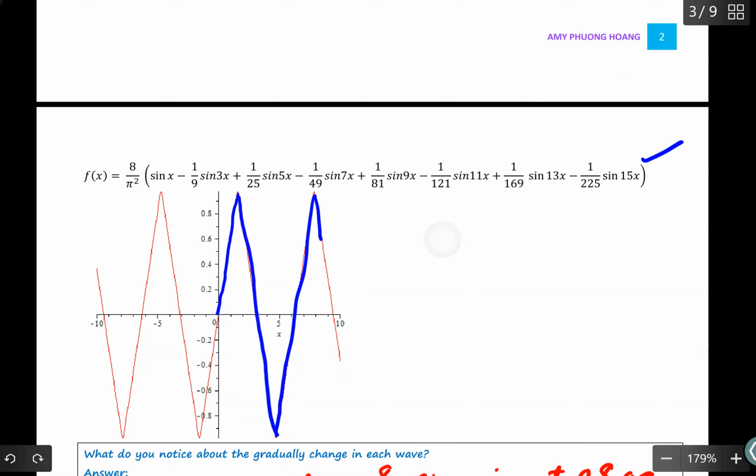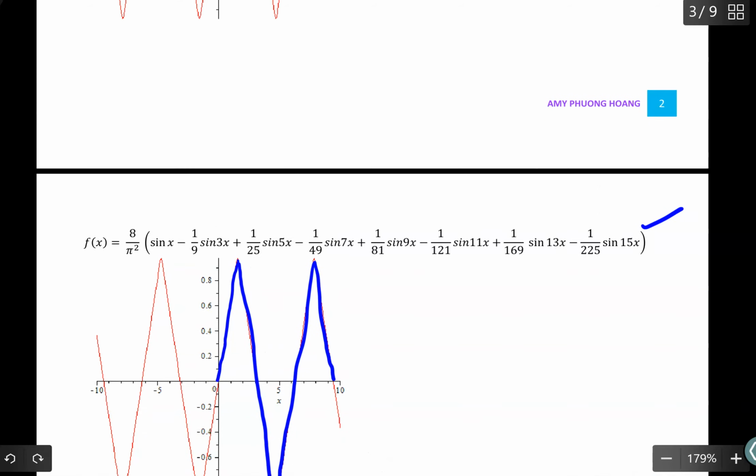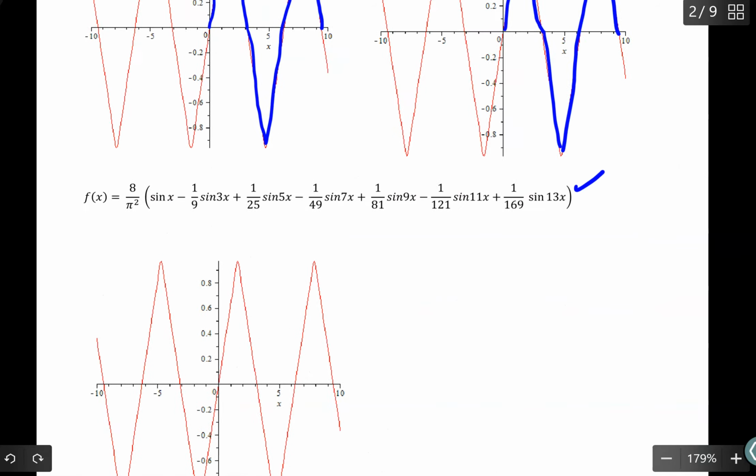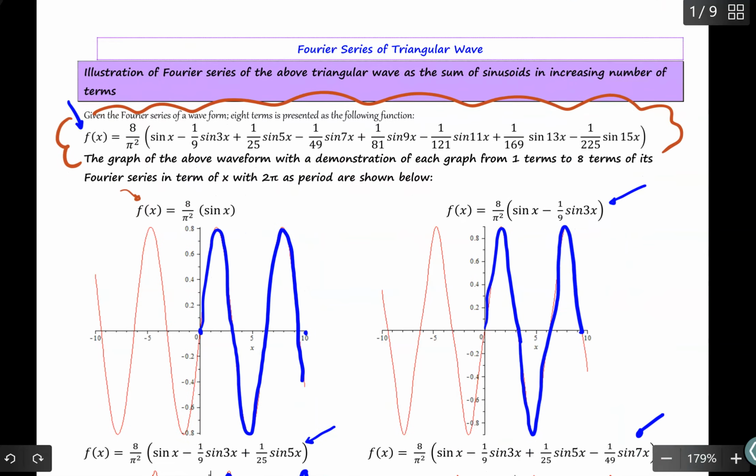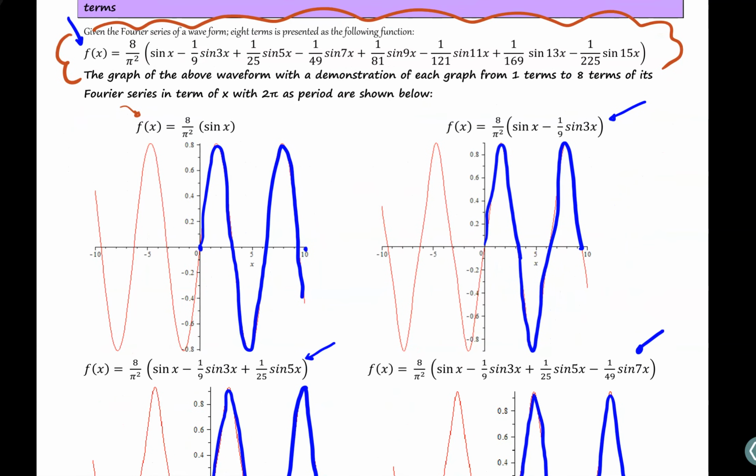The next point I would like everyone to note is this. Notice the maximum value, or the peak, of this is 0.8.